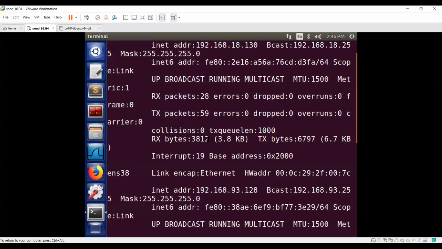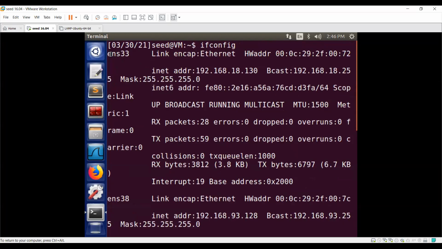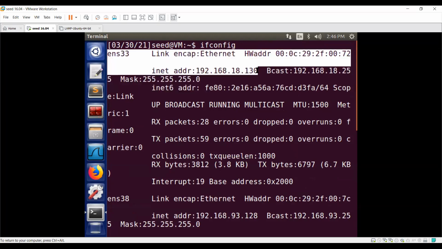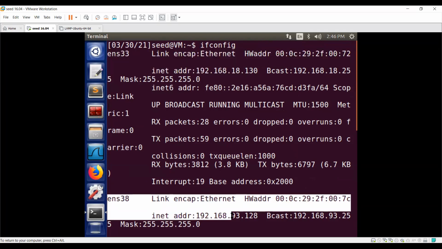You can see, in conclusion, you have ENS33 here, configured with a separate network ID 192.168.18, or you have this one, 192.168.93, right?